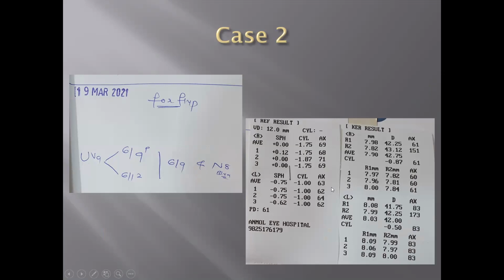So it is getting tallied here that in the right eye it is a minus cylinder, and in the left eye it's a minus spherocylinder, as you can see on the autorefractometer.